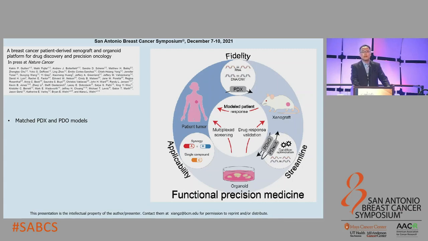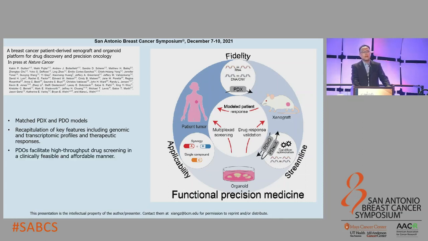Their previous and current work has demonstrated that these models can recapitulate some key features, including the profiles and also the therapeutic responses. But in this particular study, they demonstrate that PDOs can be used co-clinically, which means when the patient is receiving standard care, PDOs derived from the same patient tumor can already be subjected to drug screening in parallel, and therefore the best drug that can be used as a next-line therapy will be identified.